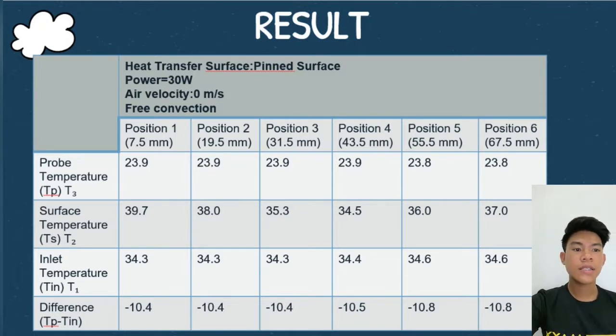The inlet temperature is quite the same, which is 34.3 until position 3 and 34.4 for position 4 and 34.6 for position 5 and 6. The difference in temperature slightly changed, which is mainly negative 10.4 from position 1 to 3 and negative 10.5 for position 4, and for position 5 and 6 negative 10.8.